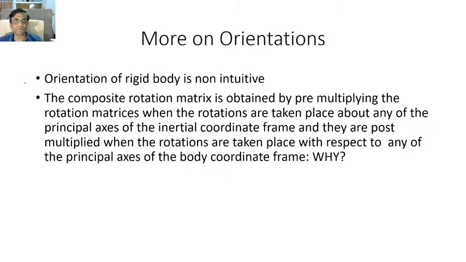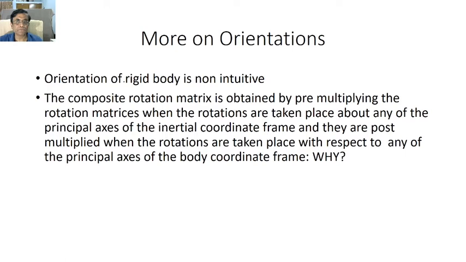Here we are going to recapitulate a little bit, and I will introduce you to the concept of the composite rotation matrix.